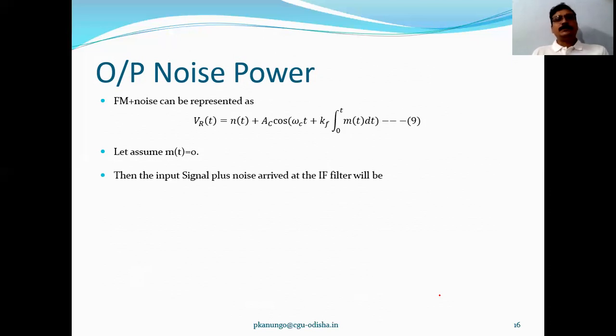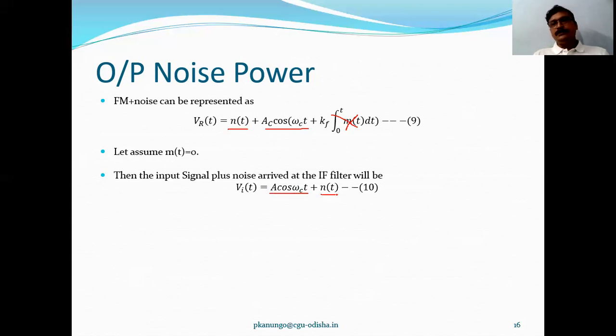So then the input signal plus noise arriving at the IF filter will be BIT, which is equal to, because this MT term is equal to 0, only one term, SC cos omega CT, plus another term which is the noise term. So carrier term plus noise term.